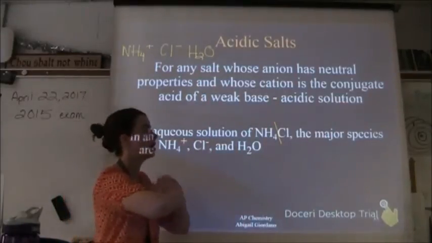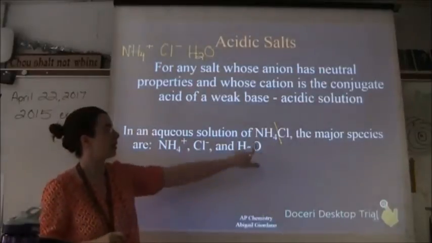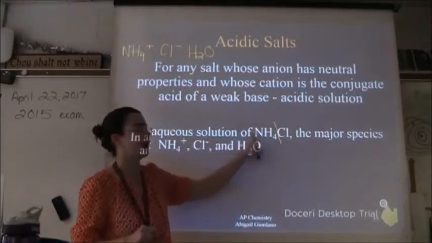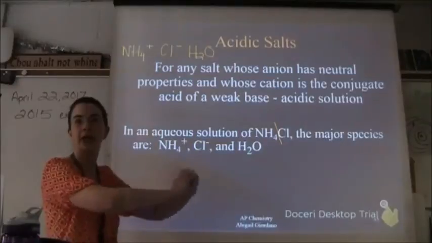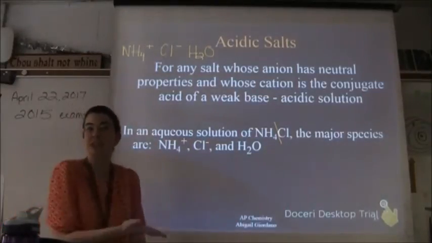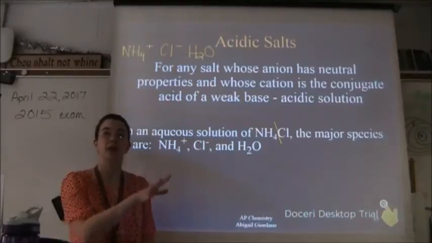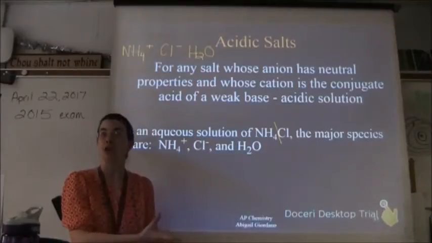It's going to give away one hydrogen. So you tell me, guys, if this cation gives away one hydrogen, what base is that we've seen before? What base is that? NH3, which goes by the name of ammonia.